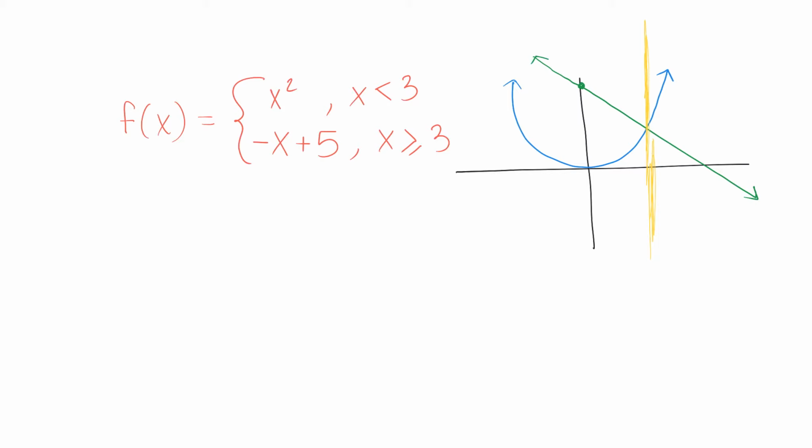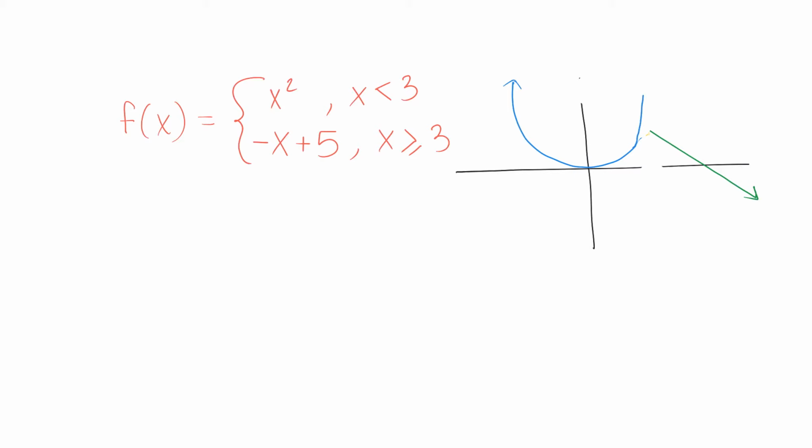So my parabola doesn't exist past there, so I'm going to erase that. And my linear line doesn't exist on the left side, so I'm going to erase that as well. And then remember, your yellow line isn't actually there either. So what you end up with is something that looks like this.